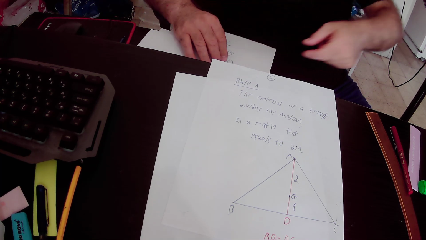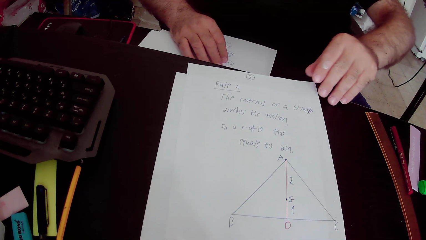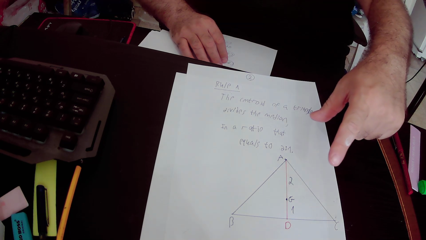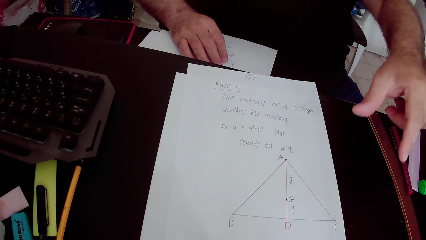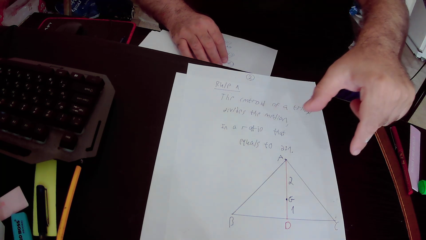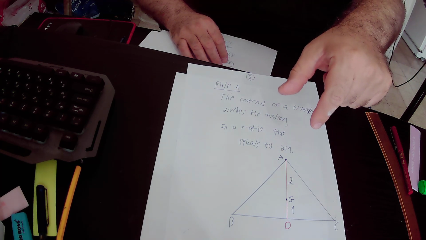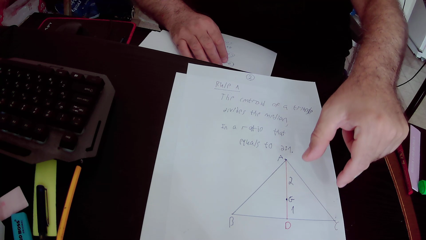So if we have triangle ABC, which could be any triangle, and AD is the median, that is to say, the median AD bisects side BC into 2 equal parts, that is, BD equals DC.